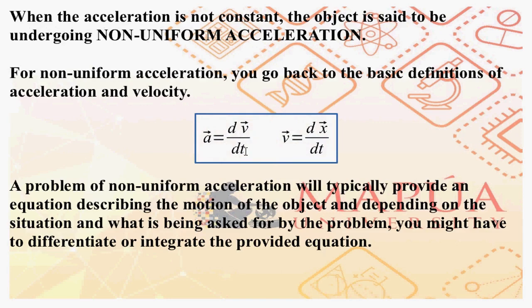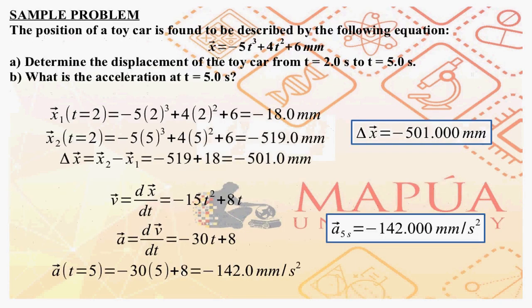To differentiate velocity, you need the equation for velocity. Velocity is the differentiation of x with respect to time. To get the equation for velocity, we differentiate the equation of x, which is provided. So we just differentiate this equation with respect to time, dx over dt.